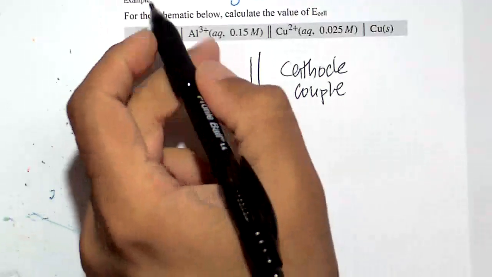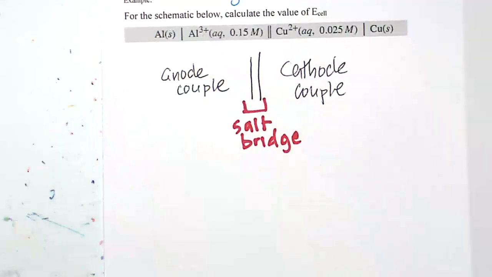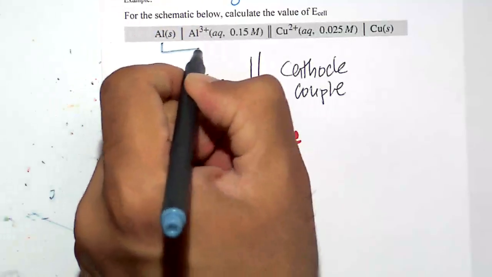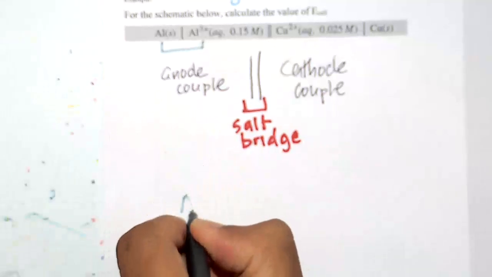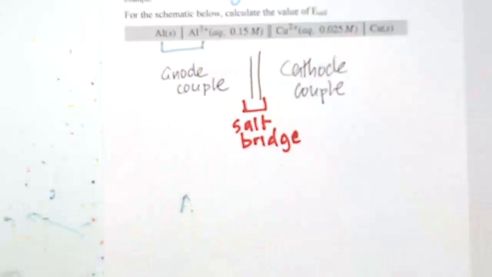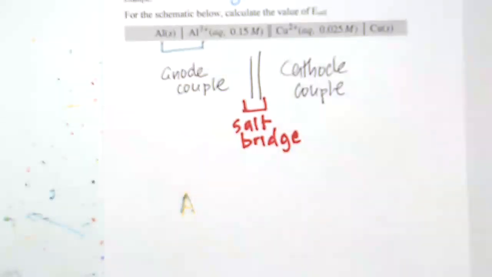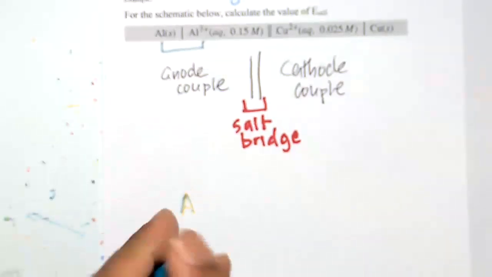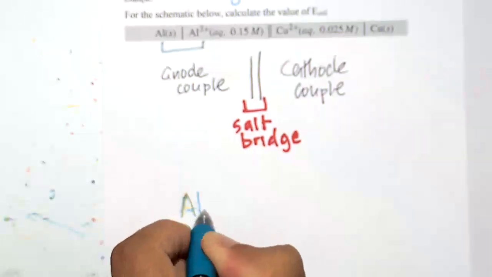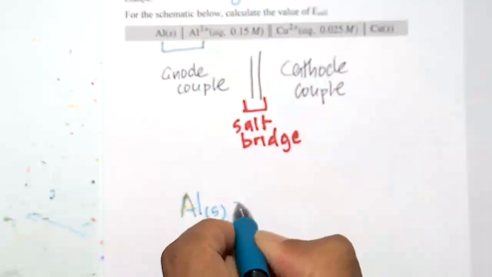Here this represents our anode. So we have Al solid goes to Al plus 3.